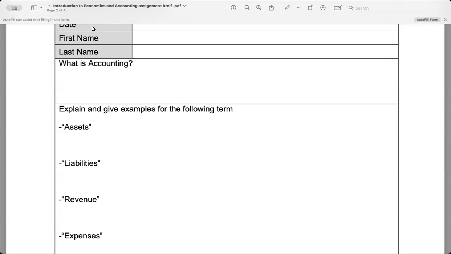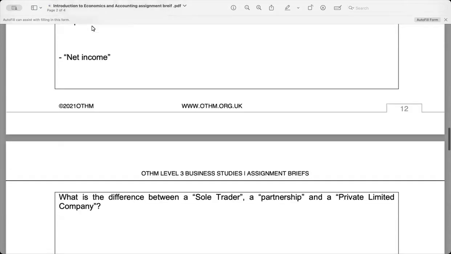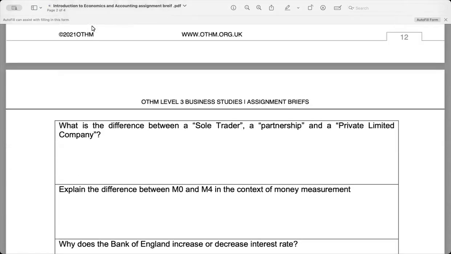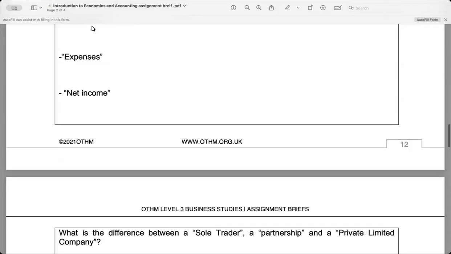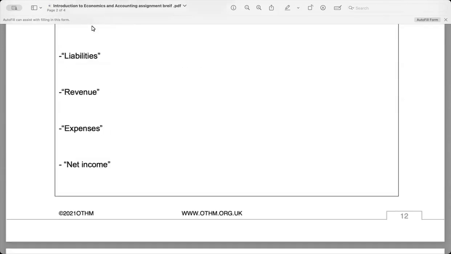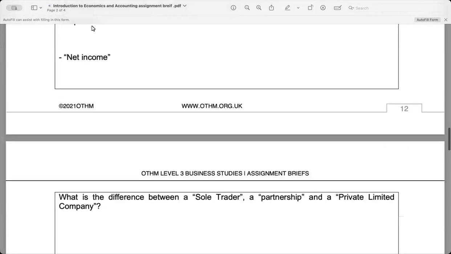You will be asked to explain several accounting terms such as assets, liabilities, revenue, expenses, and net income. Clearly define each term, explain why each term is important in business, and provide an example for each to illustrate its practical use.